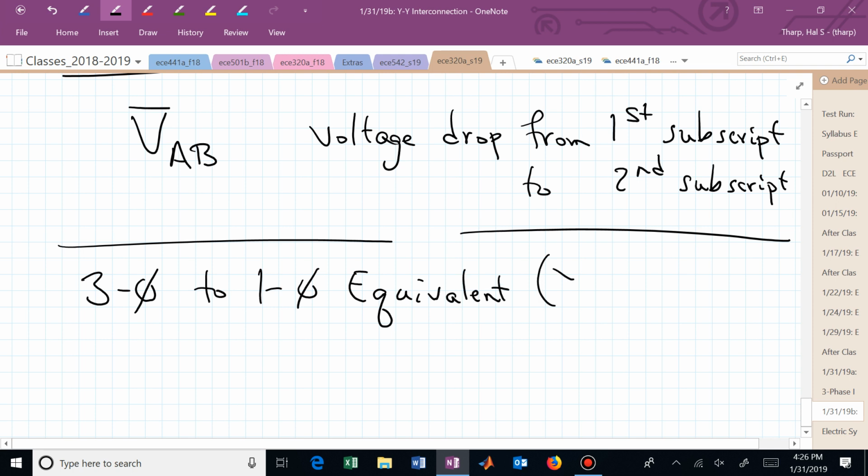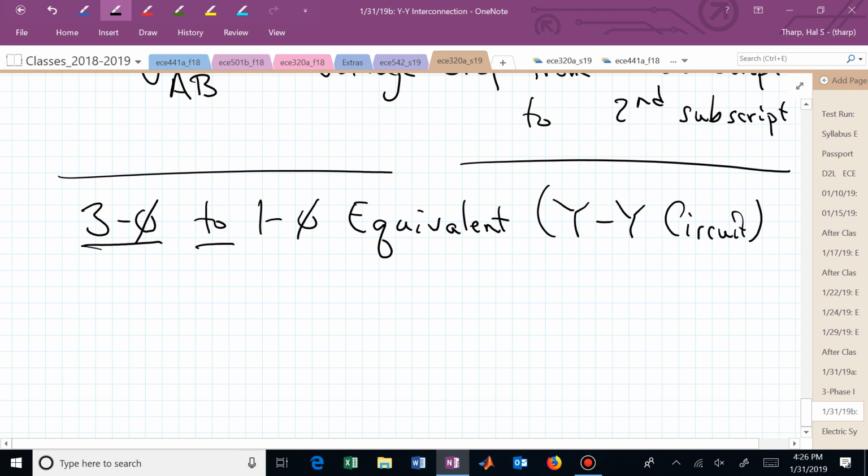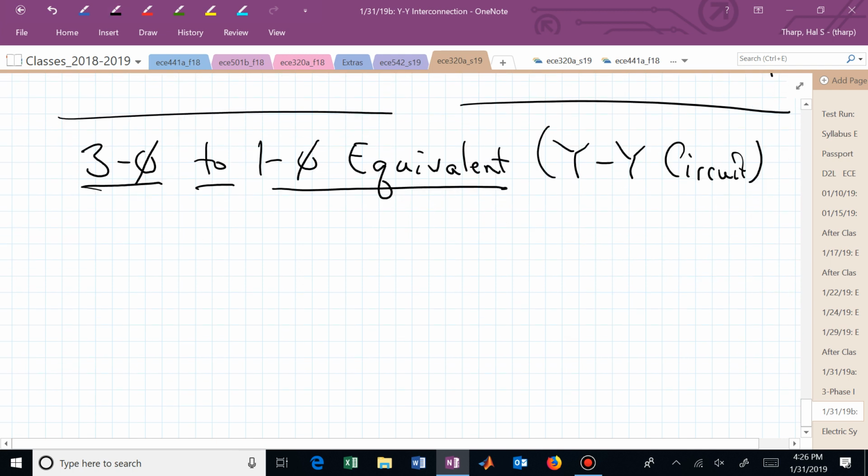And we will do that for the YY circuit, with the understanding that if somebody gives us a Y delta, maybe we convert the delta load to a Y, and now we have a YY circuit.